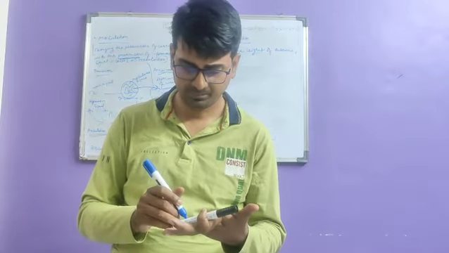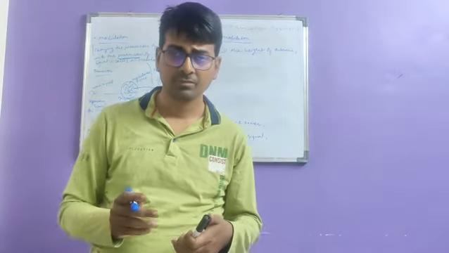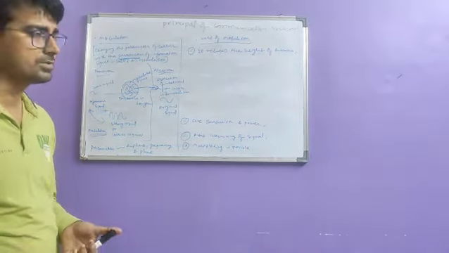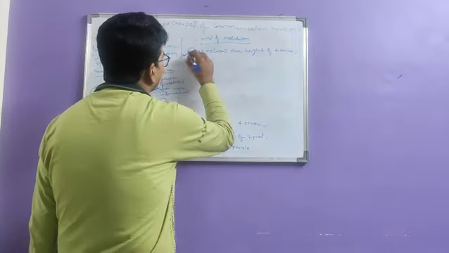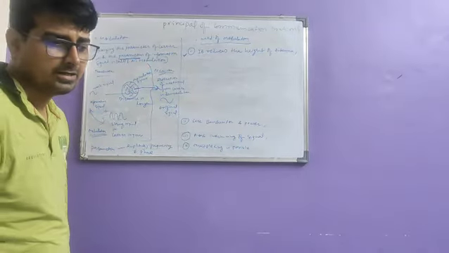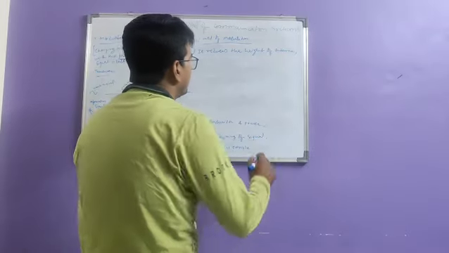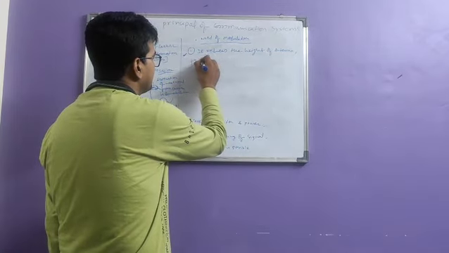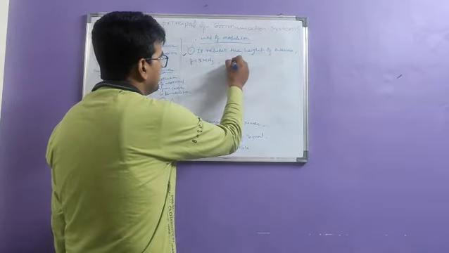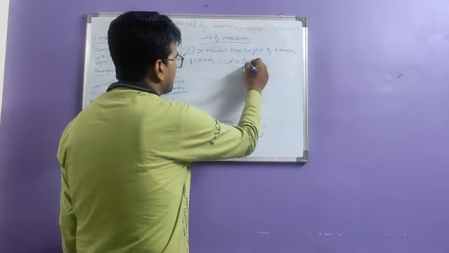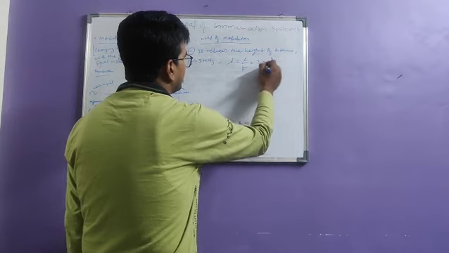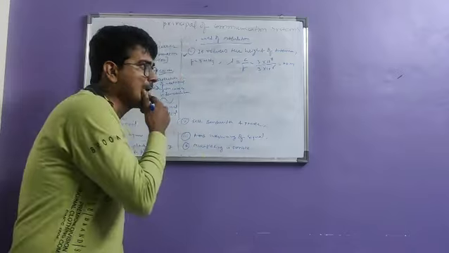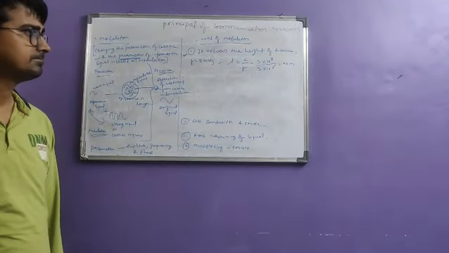Now, what is the need of modulation? Why do we need modulation? The first reason is that it reduces the height of the antenna. How does it reduce the height of the antenna? Suppose I want to send a frequency of 3 megahertz. In that case, the wavelength is 100 meters.